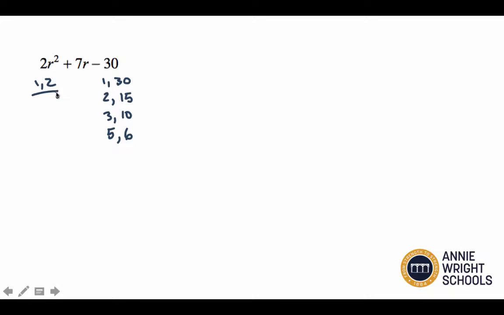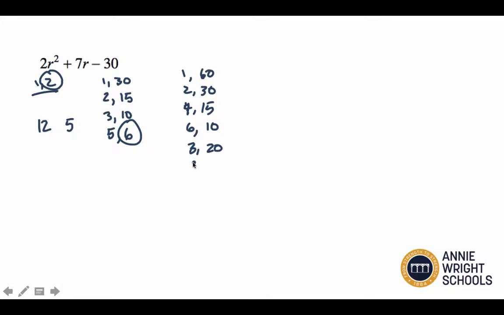I found them. So 2 times 6 is 12. 1 times 5 is 5. 12 and 5 have a difference of 7. So I in my head did all this. 1, 60, 2, 30, and then 4 and 15, 6 and 10, as well as 3 and 20.